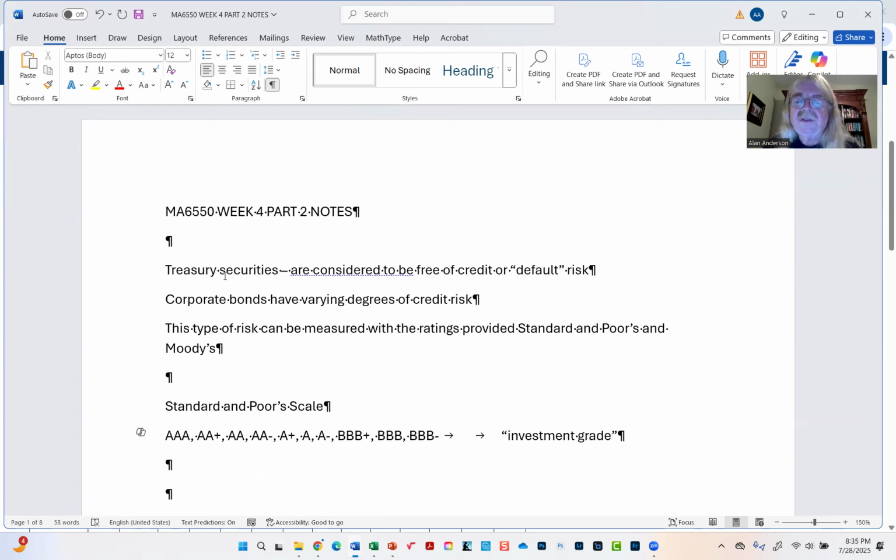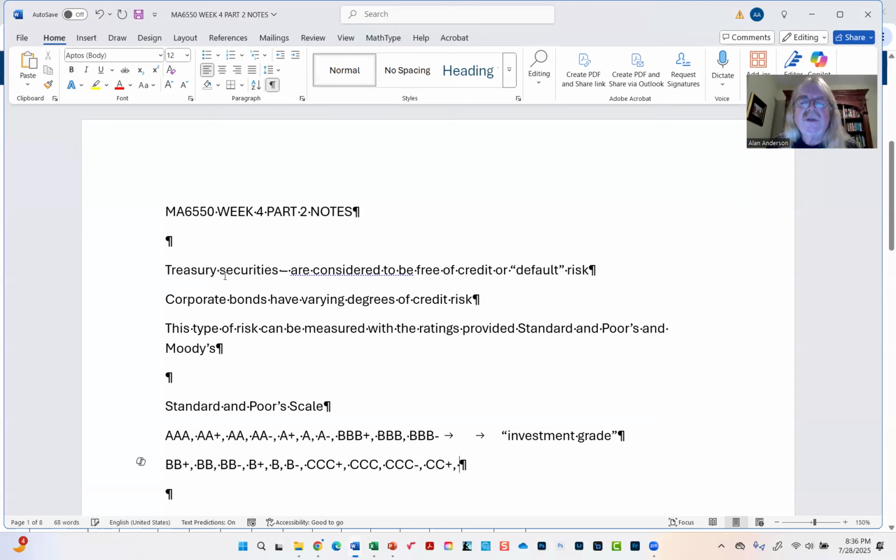That means they're all relatively safe. And then when we get below that threshold to double B plus, double B, double B minus, B plus, B, B minus. And then we go down. Wow, when you get down to the C plus plus, C plus territory, you're in some seriously terrible territory, because these are bonds that are really very close to bankruptcy.